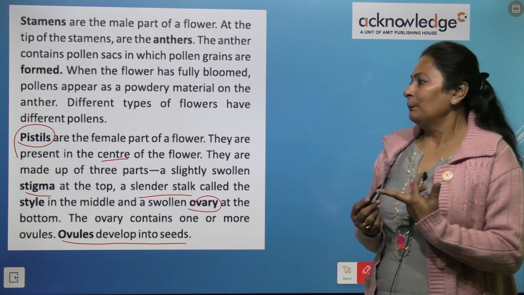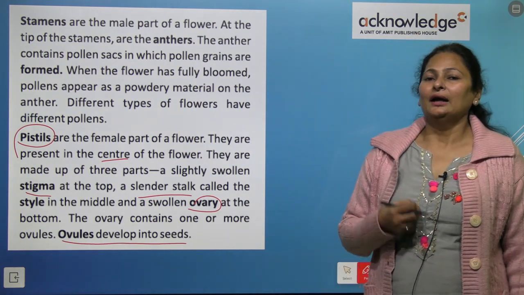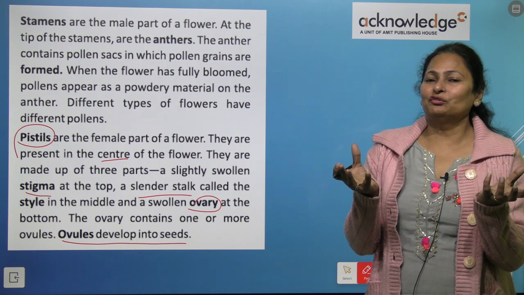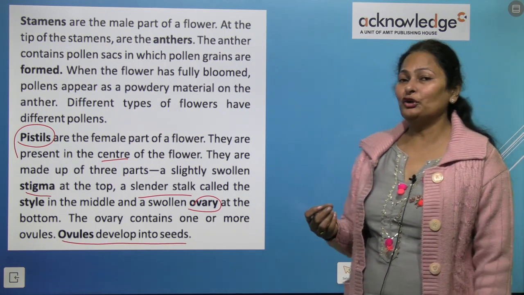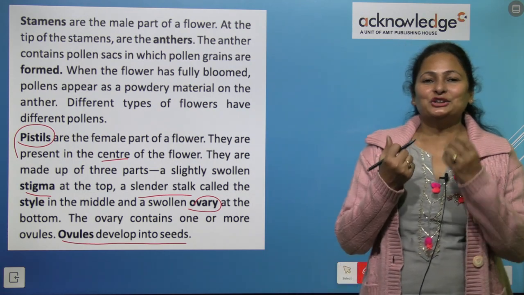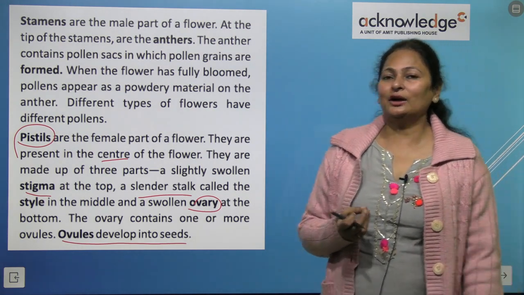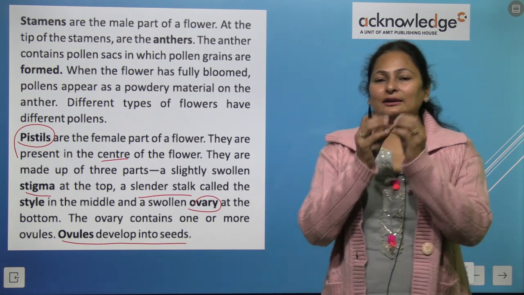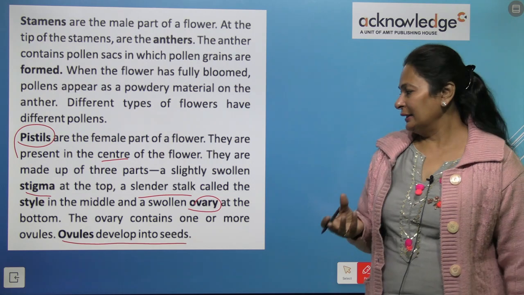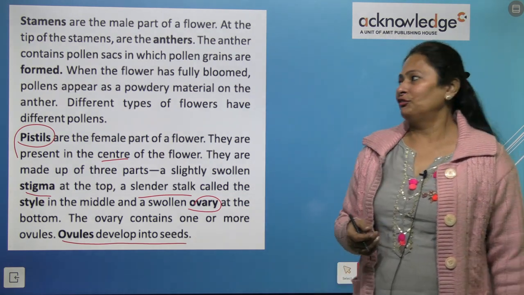Now the pistil has ovules in it, and when the flower turns into fruit, the ovules get turned into seeds. You eat the seed. Actually, you are eating the ovules, and the swollen part that we eat, it is what? It is the ovary of a flower.